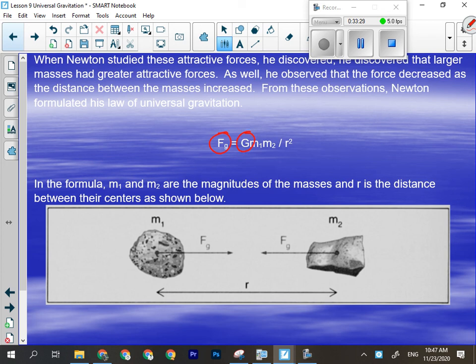Whenever Newton tried to make this work, it seemed like everything in the entire universe was way too heavy. The numbers he would get were ridiculous and would crush us. That's because he didn't have this universal gravitational constant, which just happens to be this number: 6.67 times 10 to the minus 11 Newton meters squared per kilogram squared.